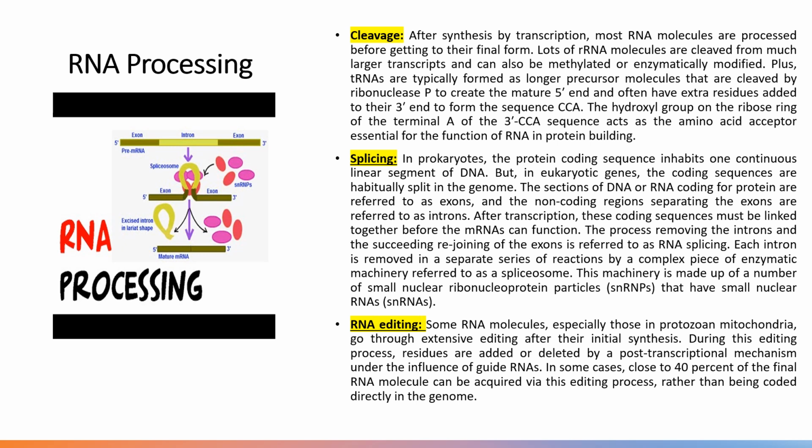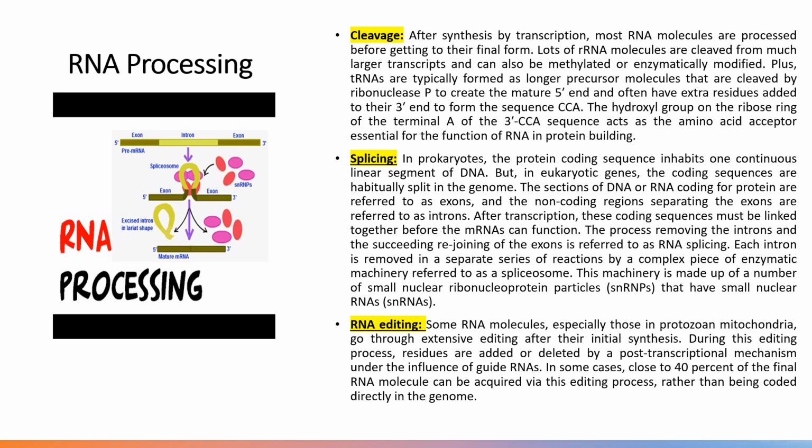Splicing. In prokaryotes, the protein coding sequence inhabits one continuous linear segment of DNA, but in eukaryotic genes, the coding sequences are habitually split in the genome. The sections of DNA or RNA coding for protein are referred to as exons, and the non-coding regions separating the exons are referred to as introns.